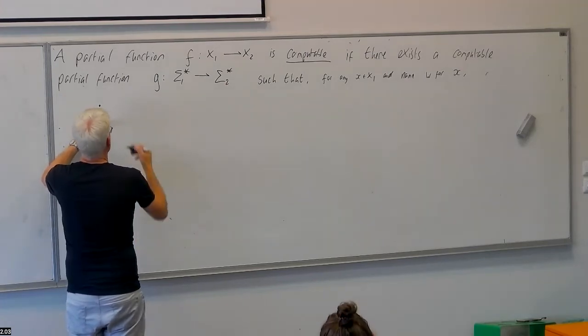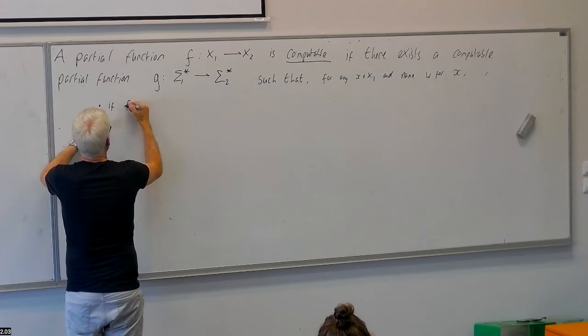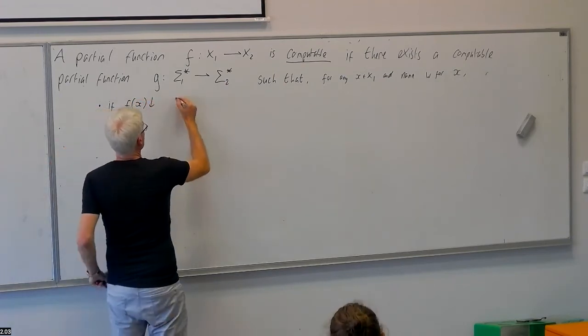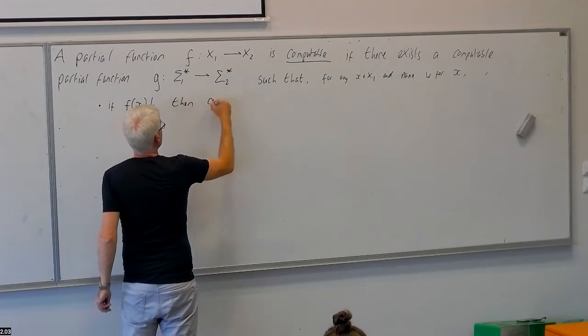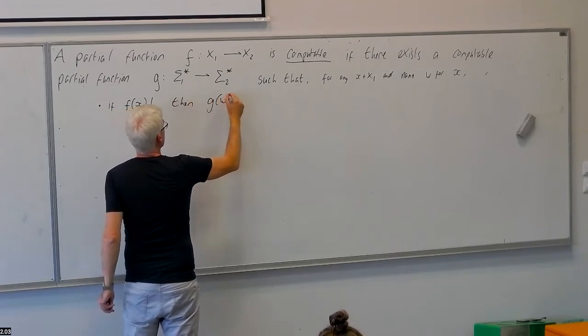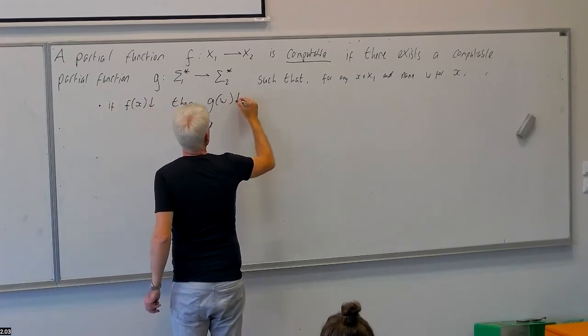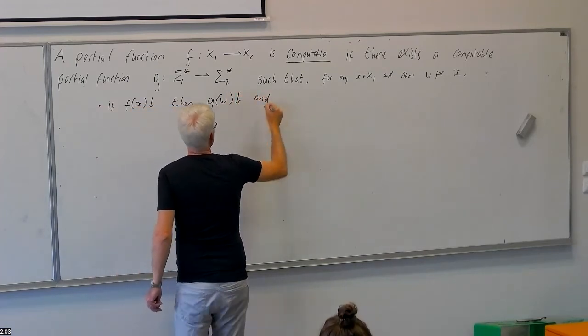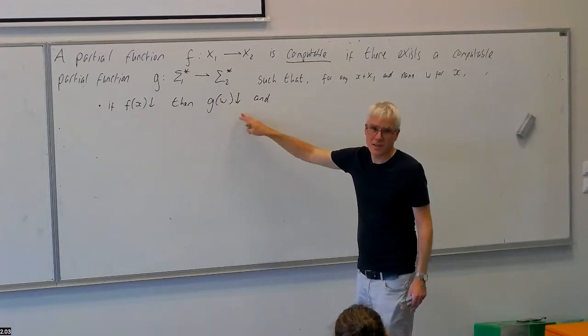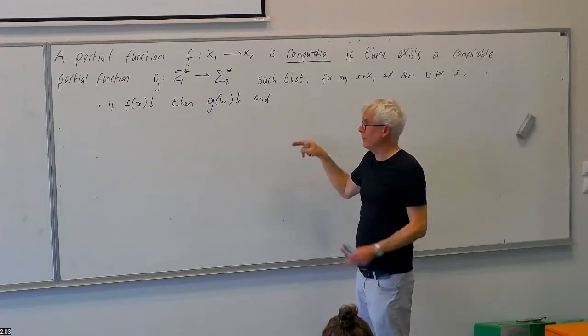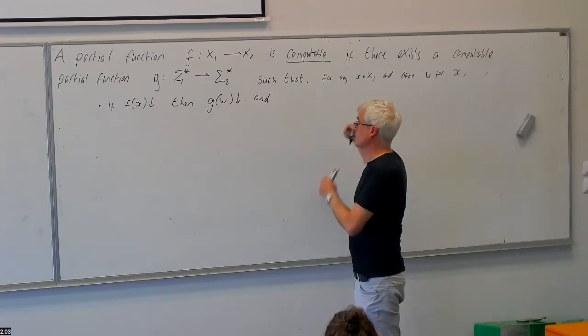if f of x is defined, then g of w is defined, and g of w is a name for f of x.